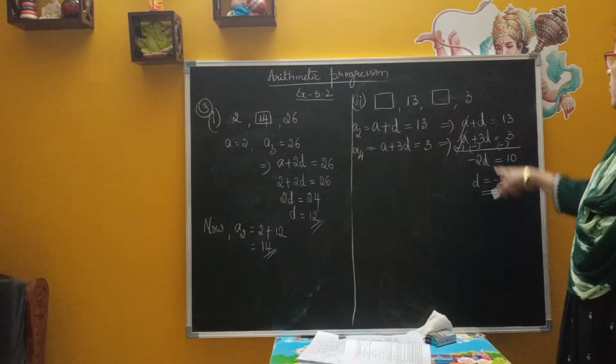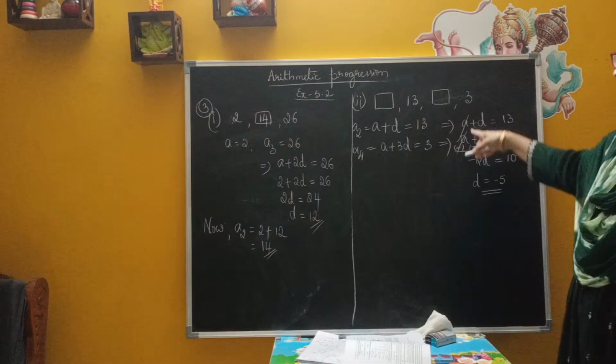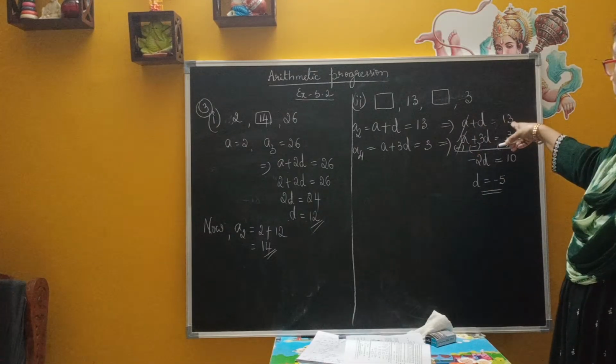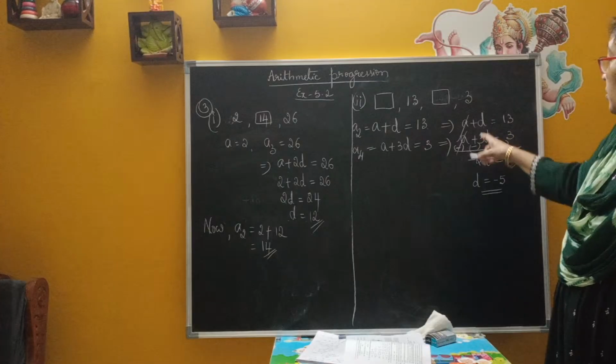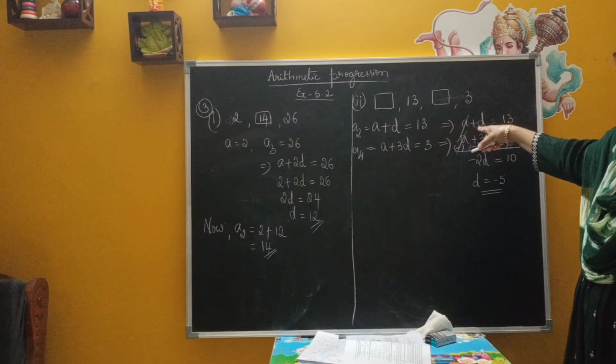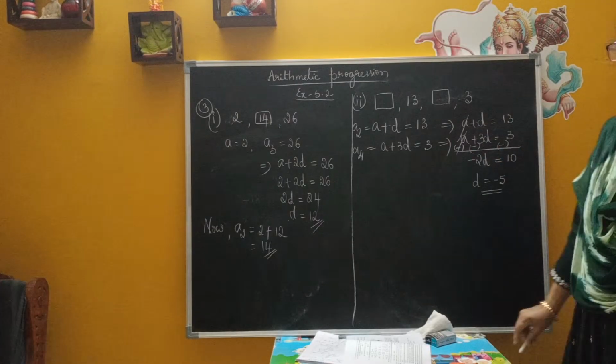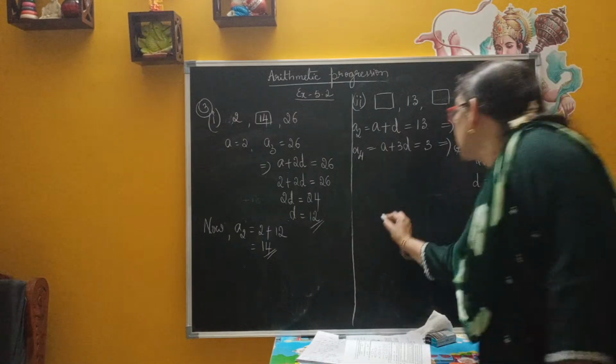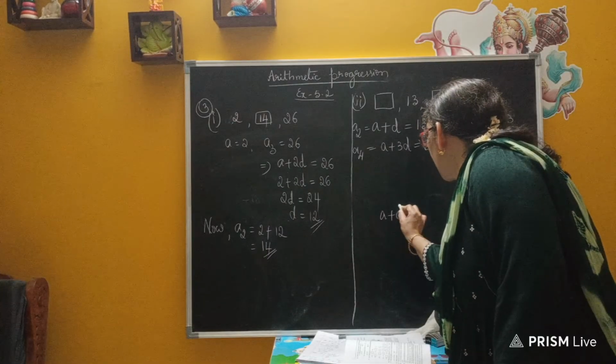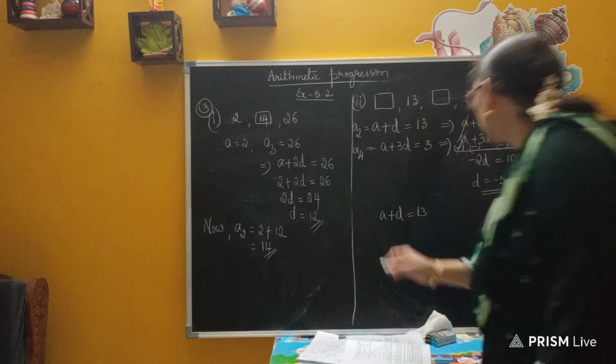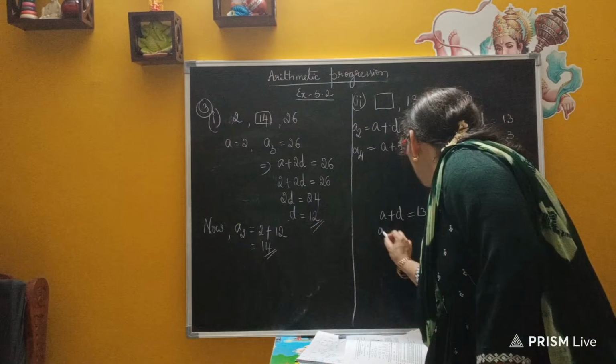Using this, let us find the A value. Okay, how do you find it now? Substitute in any of the equations, either in the first equation or in the second equation. Let us take the simple one, the first one. A plus D is equal to 13. I will substitute in that. A plus D value, how much?